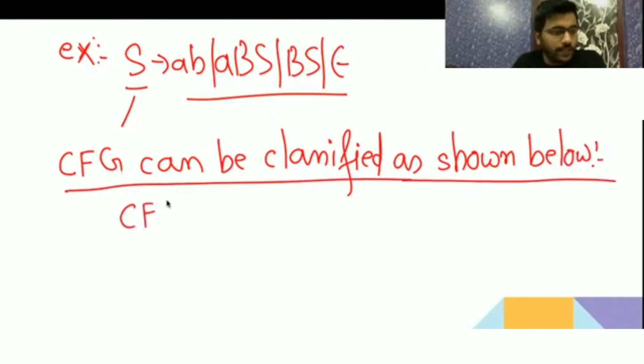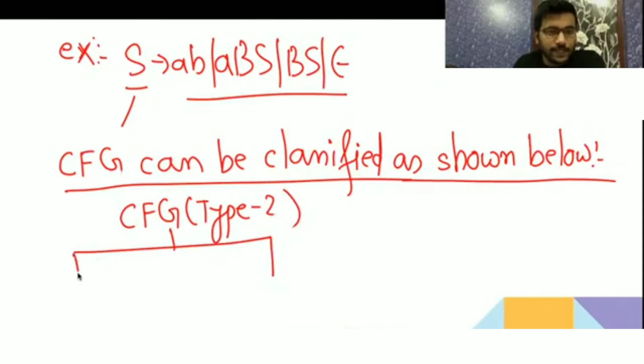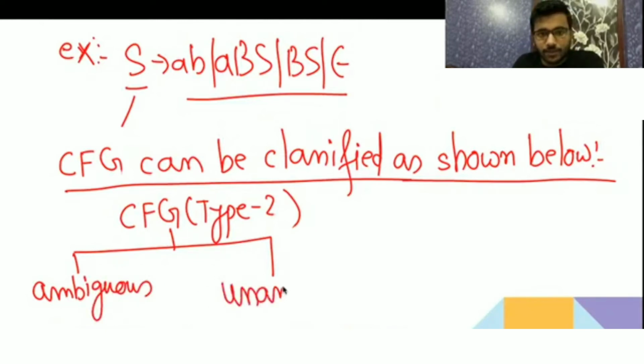So context free grammar, that is type 2 grammar, is of two types. One is ambiguous, and the other is unambiguous. All these things we are going to see, and you will even see this in your compiler.